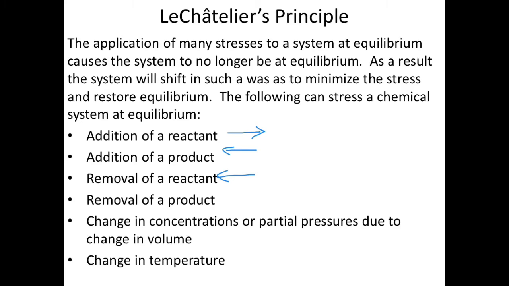The removal of product will cause it to shift right. Change in concentrations or partial pressures due to change in volume depends upon whether there are more product molecules or more reactant molecules.